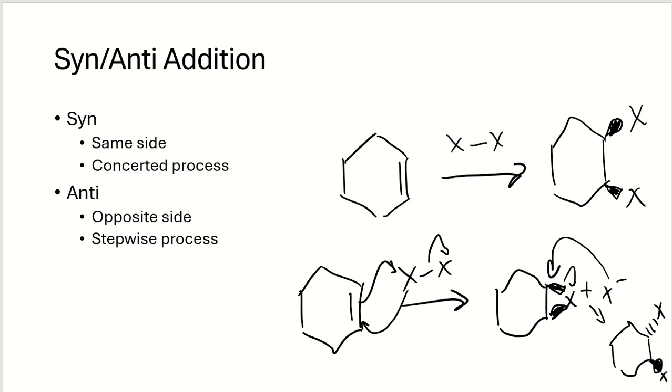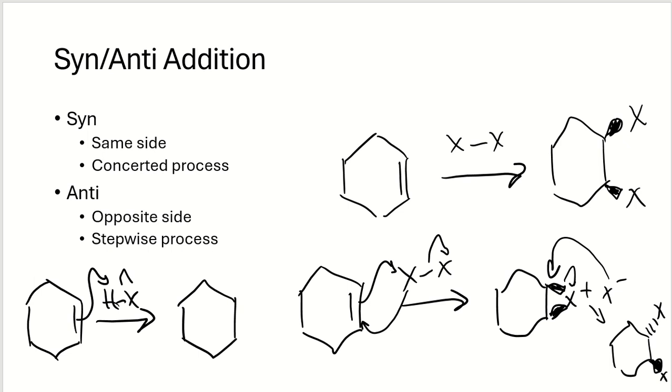Now, the other type of process is when you can get both syn and anti. Notice in these, we did not form a carbocation. So when you don't form a carbocation, it's either going to add syn or anti, one or the other. Depending on what X is, it's either going to add to the same side or opposite sides. If you form a carbocation in the process, like if we add HX, now we still have a flat or planar carbon here.